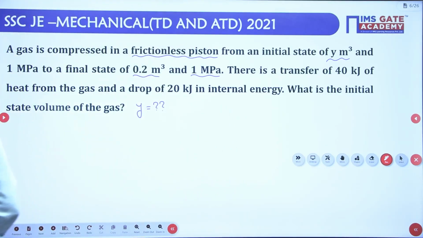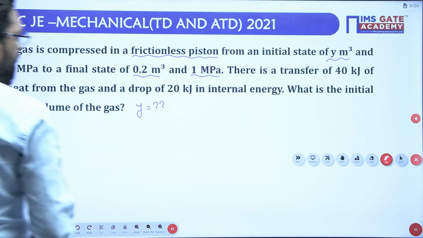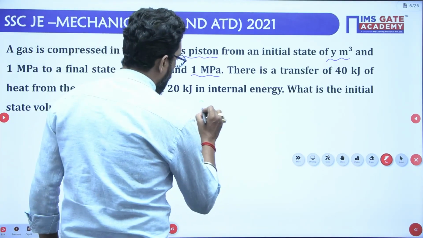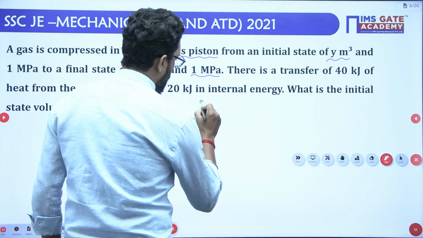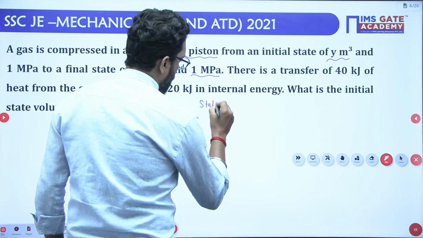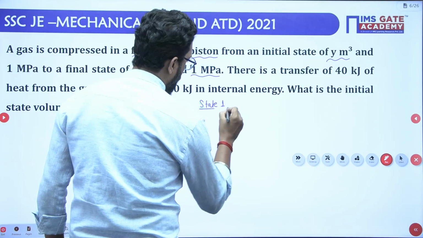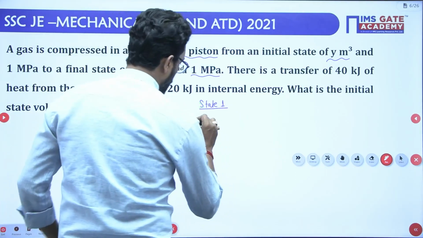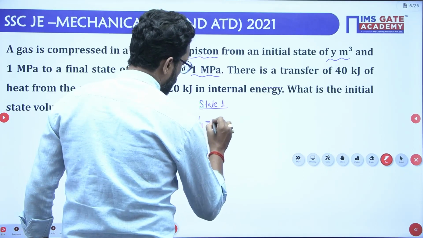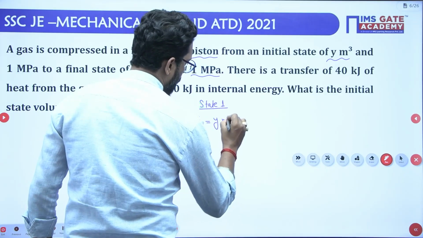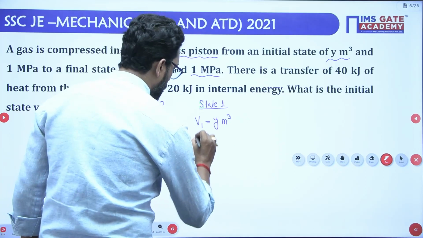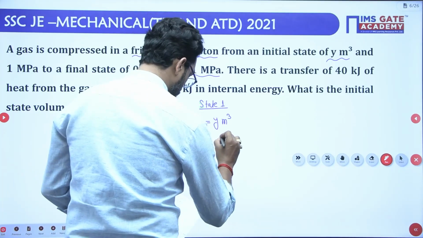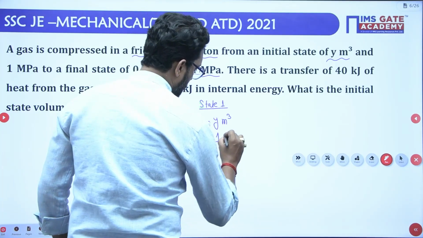Start. So my dear, what is the given state first? Volume V1 is how much? Y meter cube. P1 is how much? 1 megapascal.